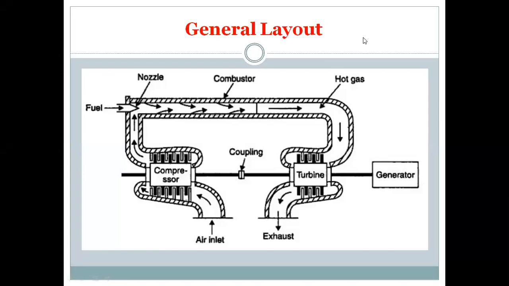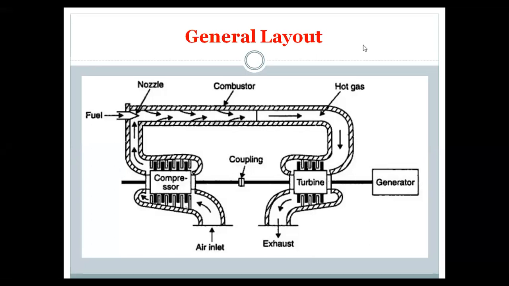Now, next slide is our general layout of the simple gas turbine power plant. A gas turbine plant may be defined as one in which the principal prime mover is of the turbine type and the working medium is a permanent gas.